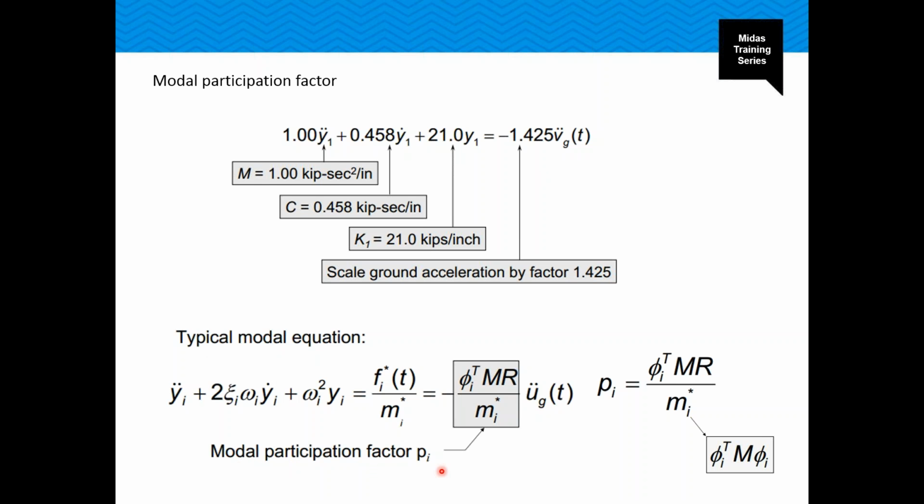For the time history analysis of an SDOF system, the ground acceleration should be scaled by this factor. And for the response spectrum analysis, the maximum displacement obtained from the response spectrum function should be scaled by this factor. We'll see this in the response spectrum training.